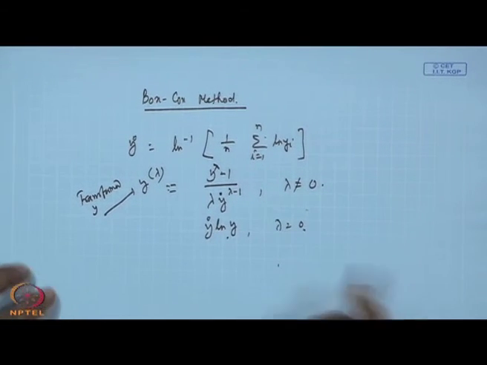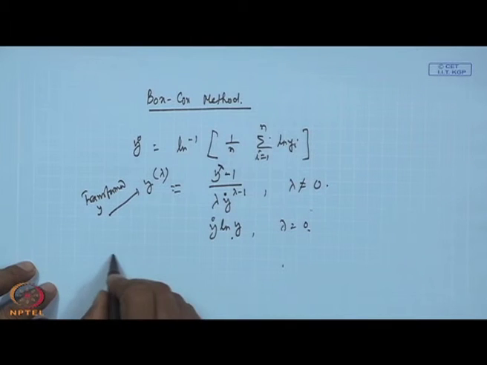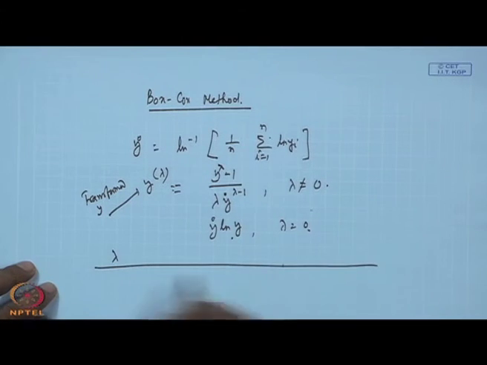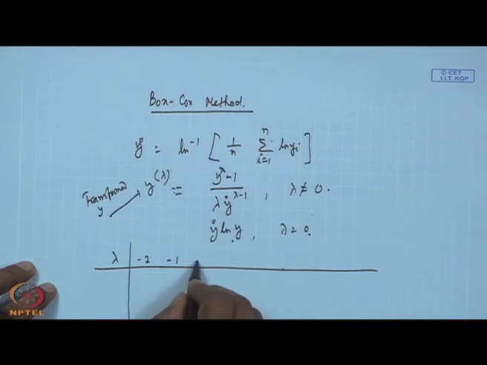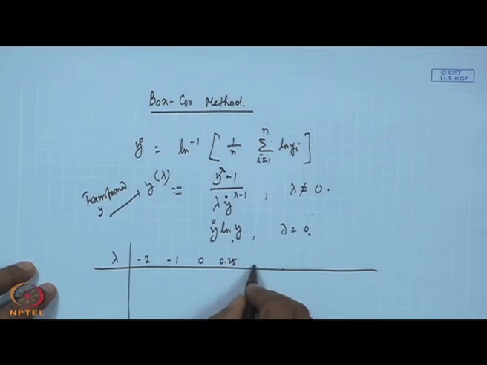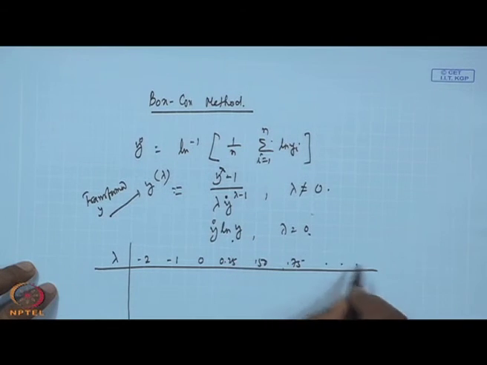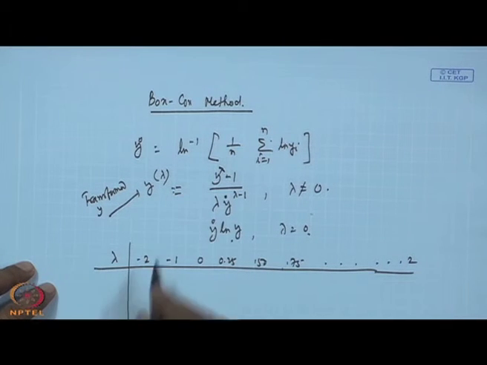So, what you will do then, you will choose several values of lambda. For example, let it be minus 2, minus 1, 0, suppose 0.25, 0.5, 0.75 like this, up to 2. This side also you can do like this.